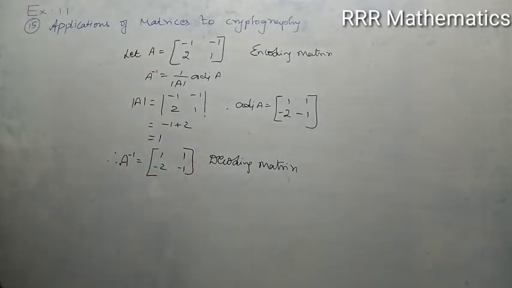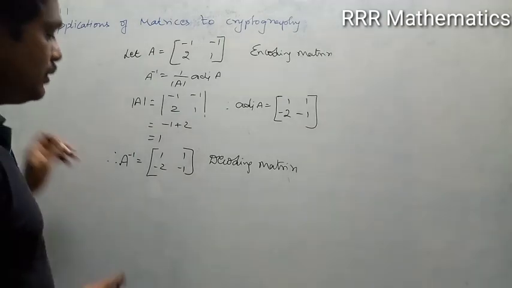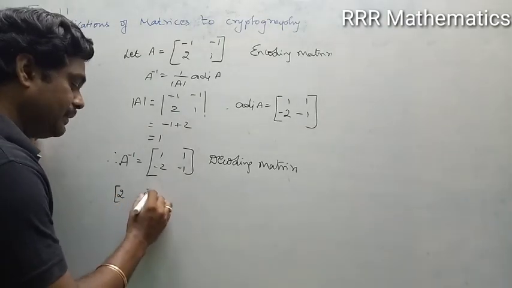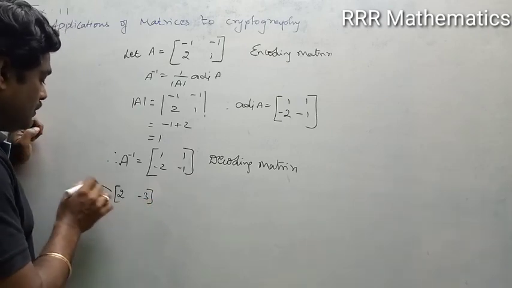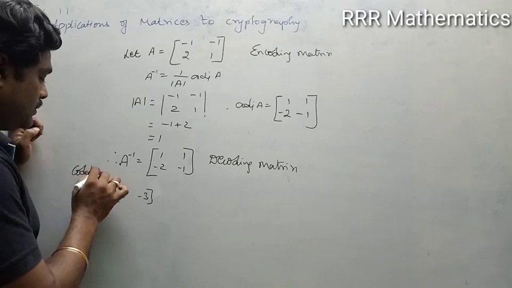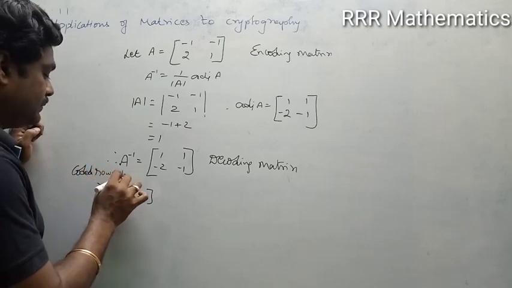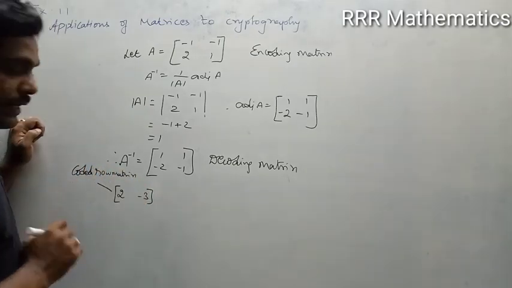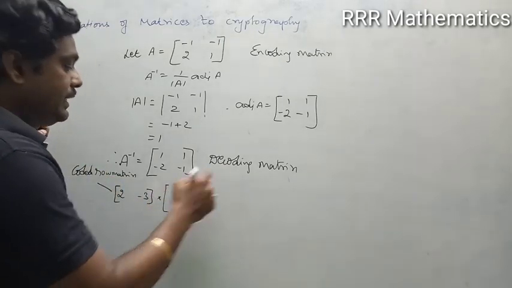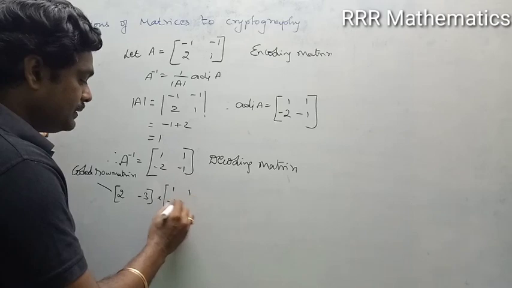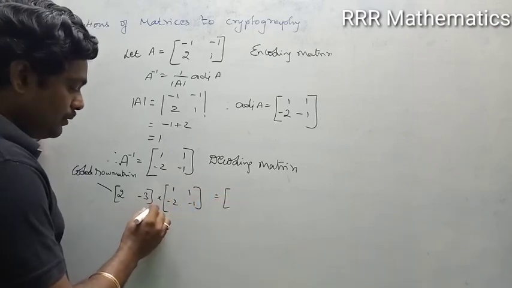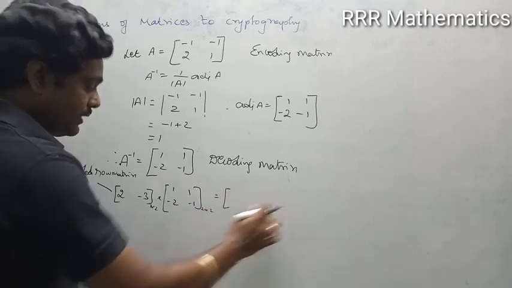So the given matrix is the encoding matrix, whose inverse is the decoding matrix. In this case, the given coded row matrix is [2, -3]. The coded row matrix multiplied with the decoding matrix gives the decoded matrix. A 1 by 2 matrix times a 2 by 2 matrix becomes a row matrix.